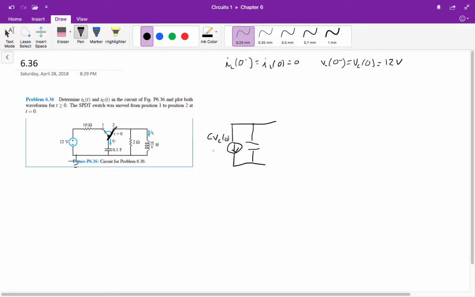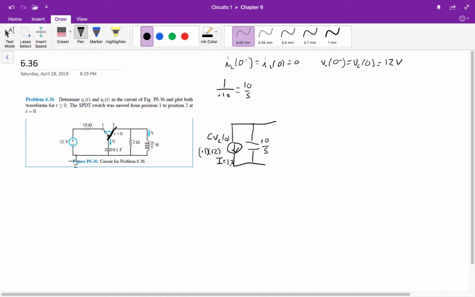The capacitance is 0.1, and VC of 0 is 12. So then the current is 1.2. And the capacitor gets transformed into 1 over CS. C is 0.1, so 1 over 0.1 S. 1 over 0.1 is 10, so that's 10 over S. So the impedance here is 10 over S.